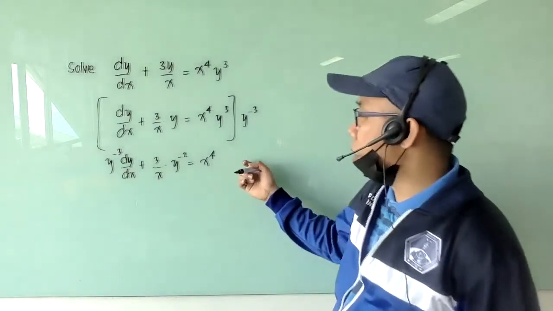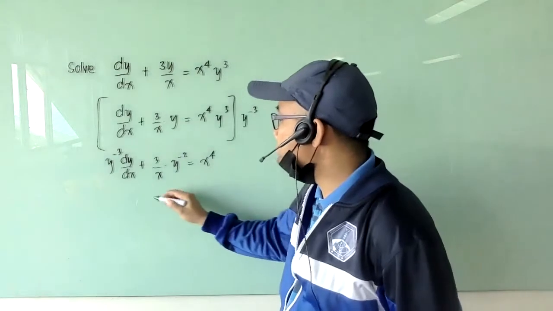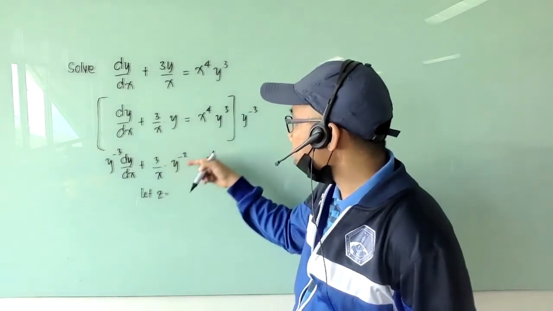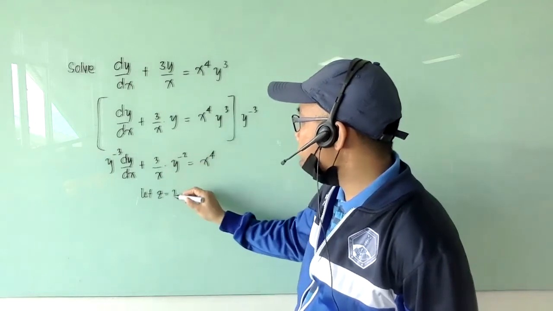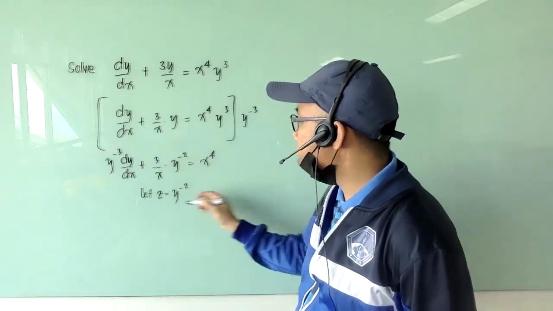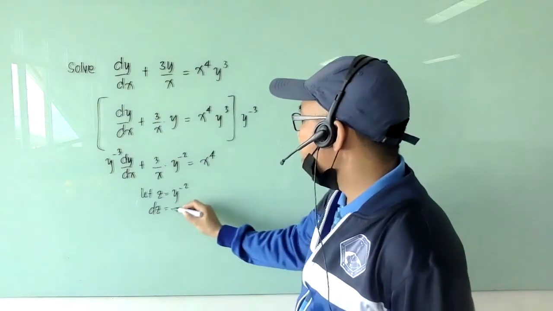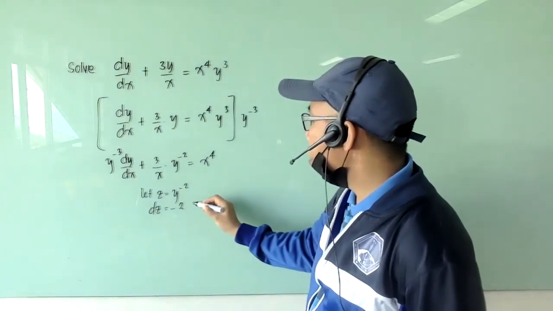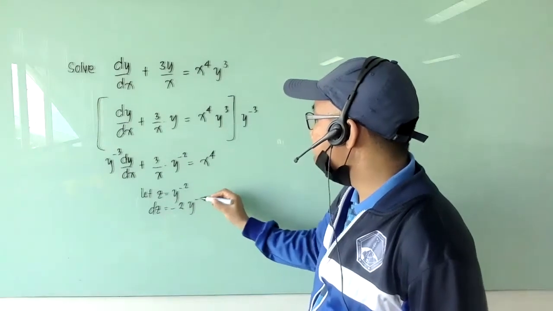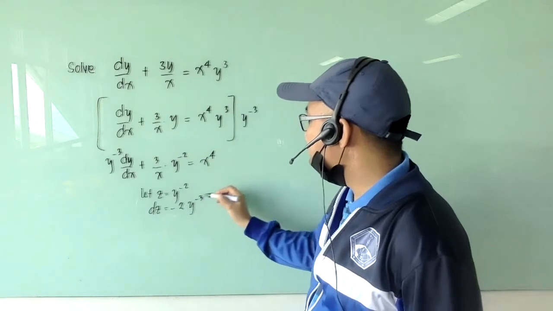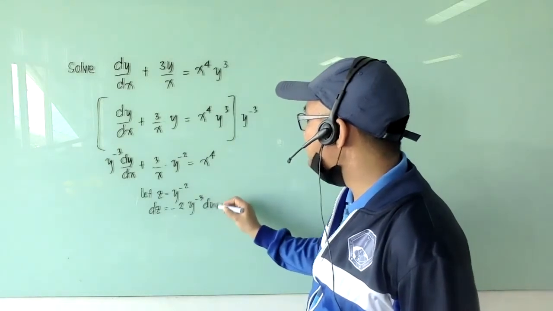Now the next step is to introduce a new variable. Let z equal this function here, y^(-2). Then we differentiate, so dz equals -2 y^(-2-1), which is y^(-3), dy.